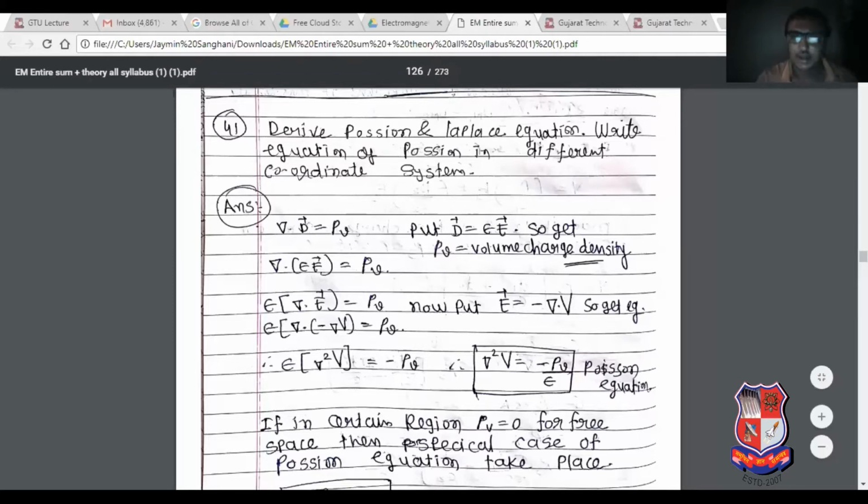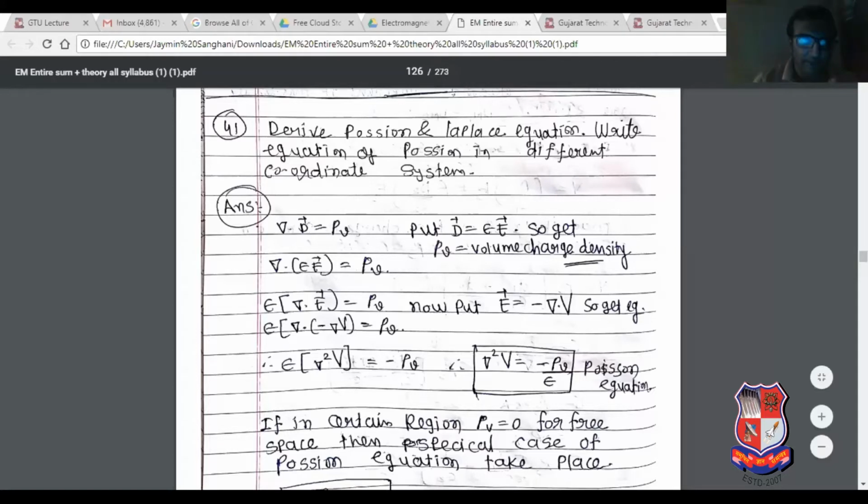What is the meaning of del? It is known as the del operator. Del into V. E equal to minus del V is the basic equation which gives the relationship between the voltage and electric field.